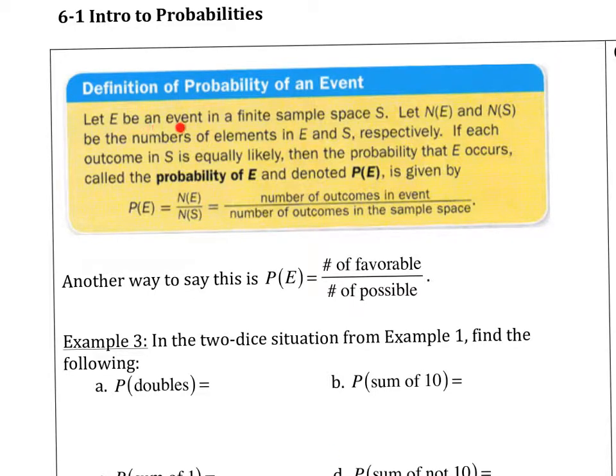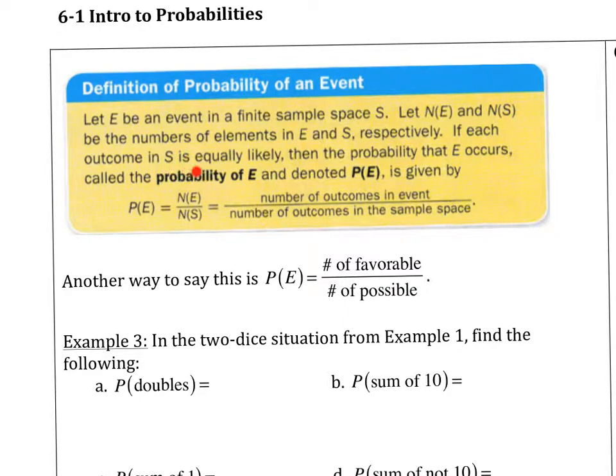So let E be an event in a finite sample space S. Let N of E and N of S be the numbers of elements in E and S, respectively. So this is the number of favorable events, and this is the number of possible events that can occur in my sample space.